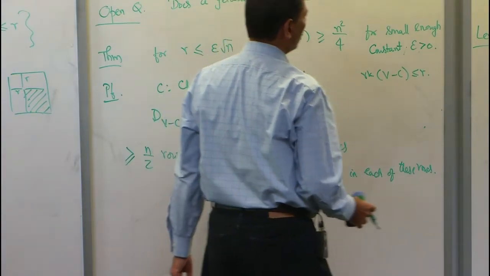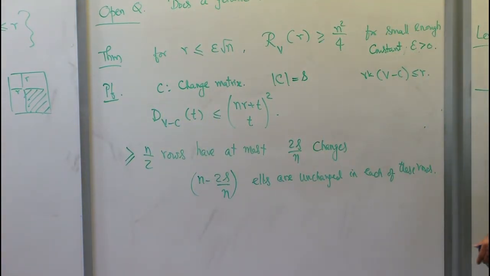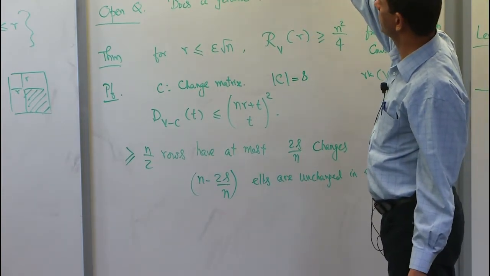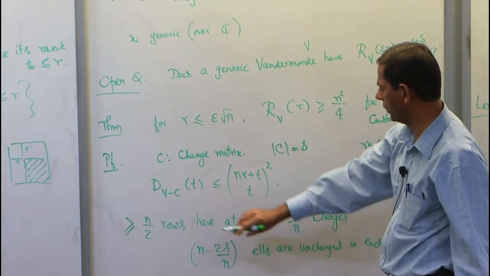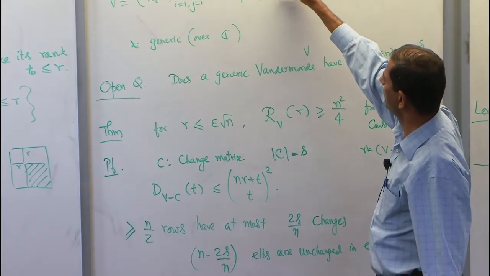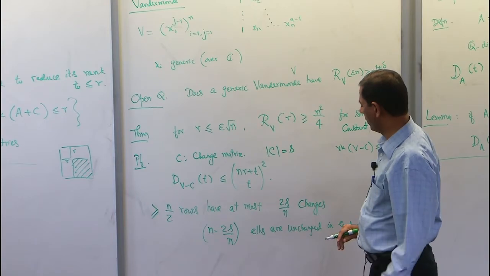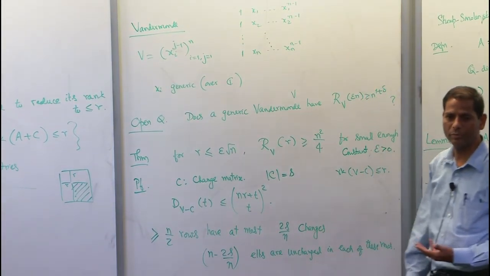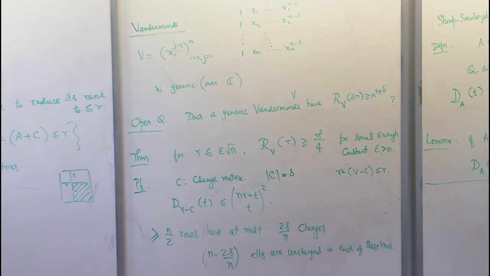Right? And so if I just take one from each of those N over 2 rows, one of the powers of Xi's, they will all be linearly independent over Q. Okay.